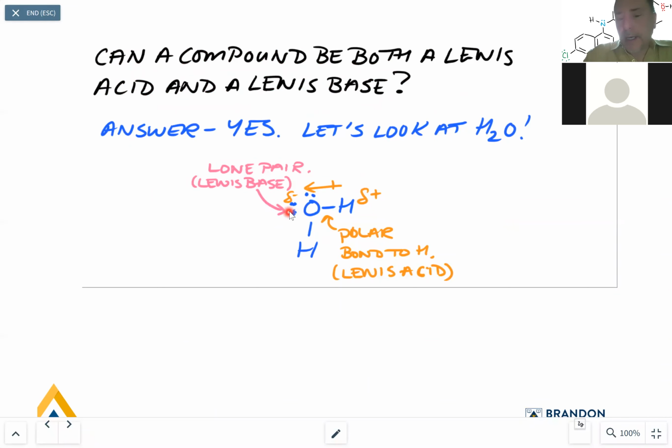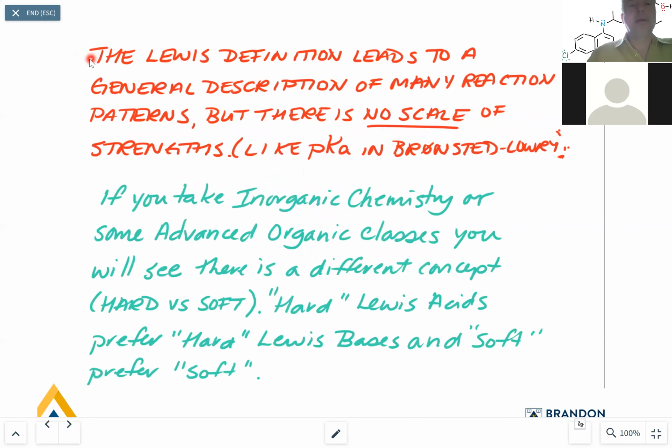It can either use its lone pair and donate them to a Lewis acid, and in that case it would be a Lewis base, or if there was a stronger base which came along and grabbed this proton and it accepted these electrons, then it would be a Lewis acid because it's got a polar bond to H. So it depends upon what its partner is. It can be either, but specifically it will be one or the other based upon what it's reacting with.